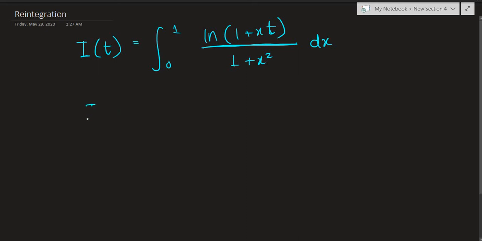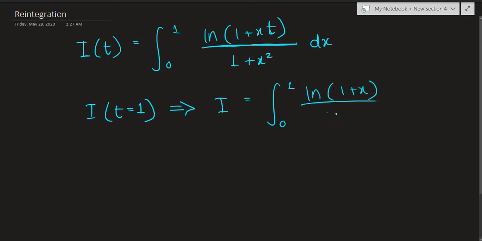So now notice that when you plug in t equals 1 in I of t, that just becomes our I, right? Because then we'll have x times 1, so 1 plus x divided by 1 plus x squared, so we'll just have our I, which is the integral from 0 to 1 of natural log of 1 plus x divided by 1 plus x squared dx. That is the Serret integral.